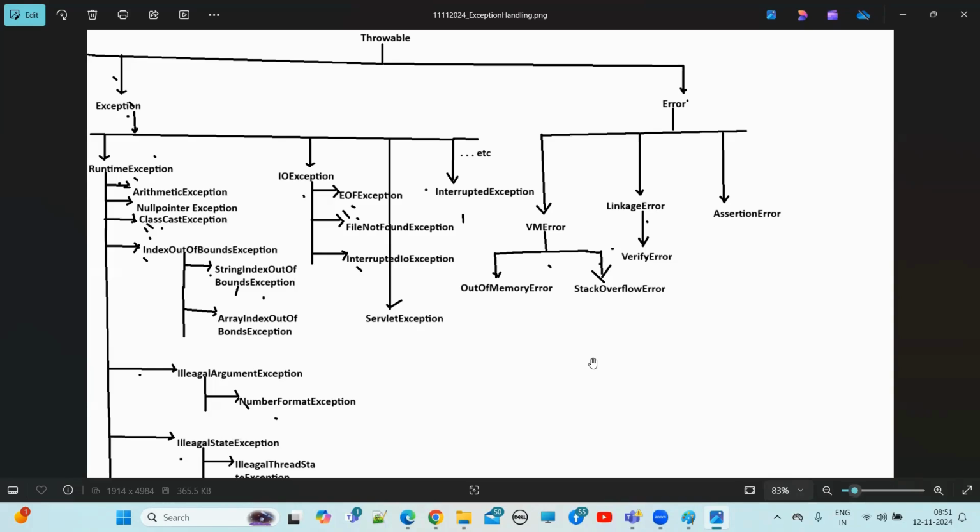Your mother or father will not raise that question. Am I right or wrong? Have you heard of any such questions from your mother or father before going to examination, guys? No, right? So this kind of bomb blast exception, is it a checked exception or an unchecked exception?